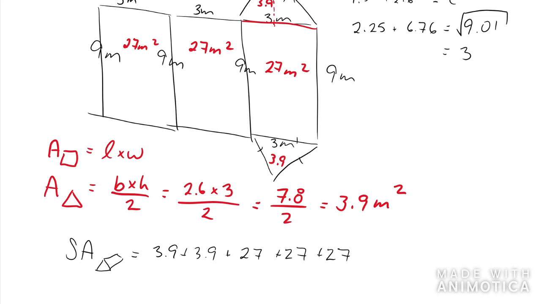If the sides of the triangle are different, then the sides of the rectangles will be different. So if we do 3.9 plus 3.9 plus 27 plus 27 plus 27, we get 88.8 meters squared as our answer.